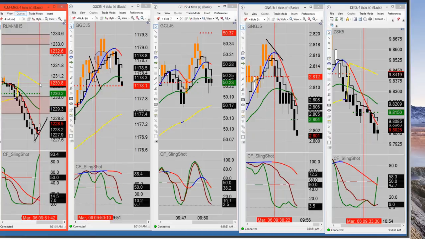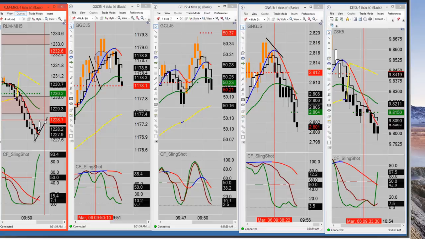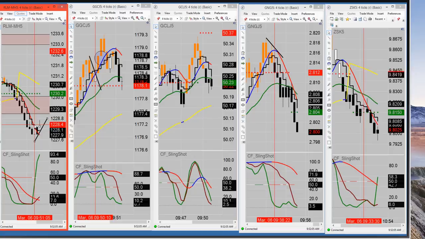The Russell, I'm going to look for the Russell to close down below this trend line right here. That's what I'm going to look for here on this Russell. And that's all we've got going right now.